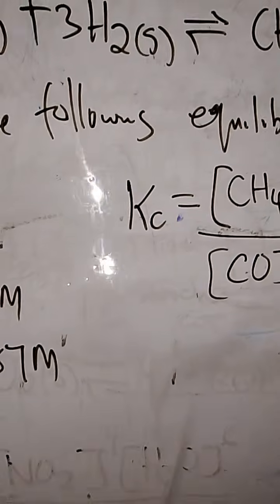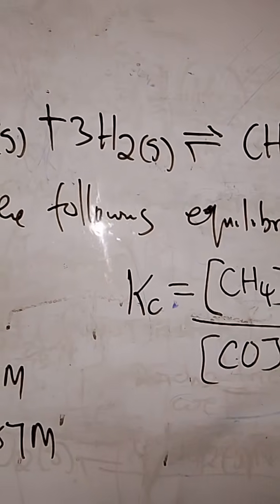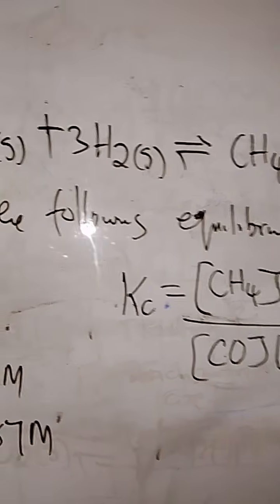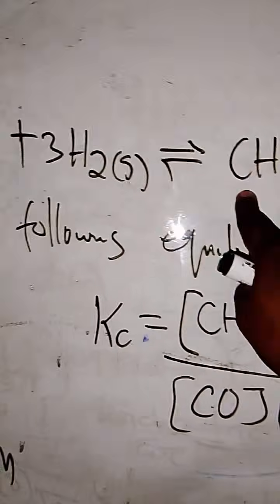This equation is already balanced. You can see we have six hydrogens, one carbon, one oxygen. Yes, it's balanced.